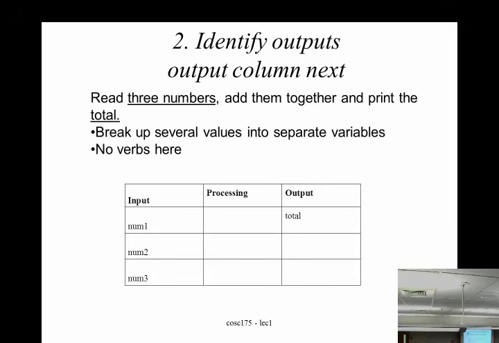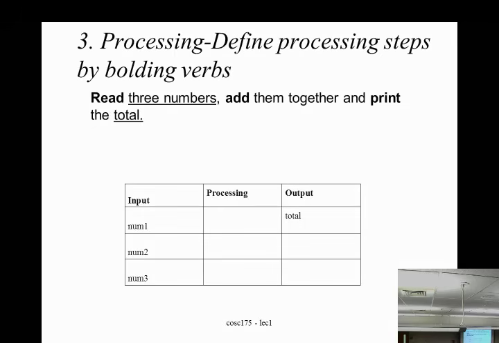My next step is total, and I just now have done the input-output part, okay? So what's left is processing, which is to handle the verbs. So let's go back and find the verbs, which we already identified. I bolded them.